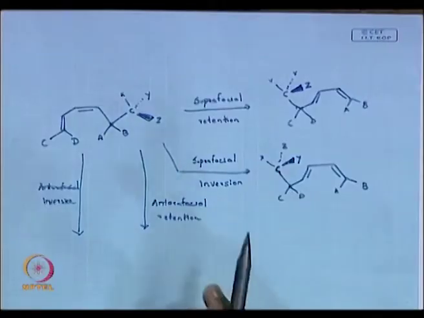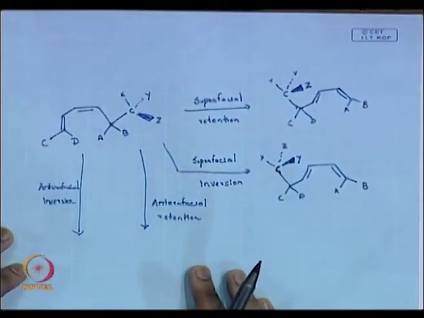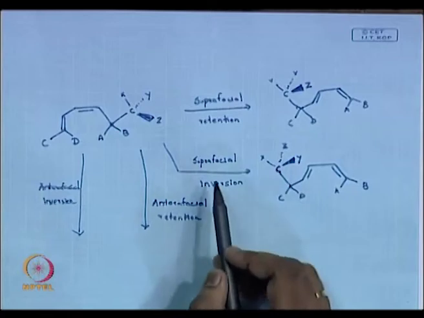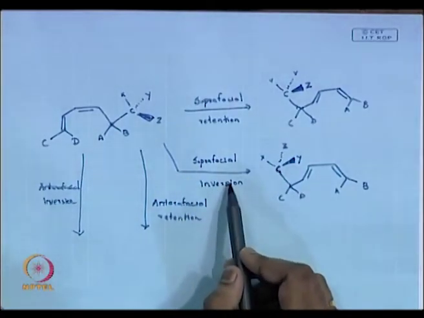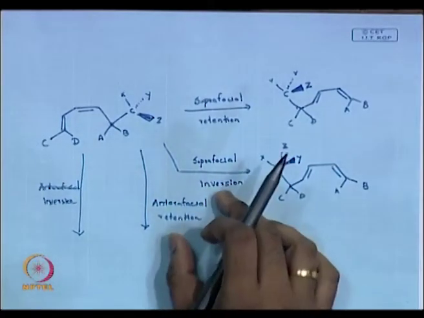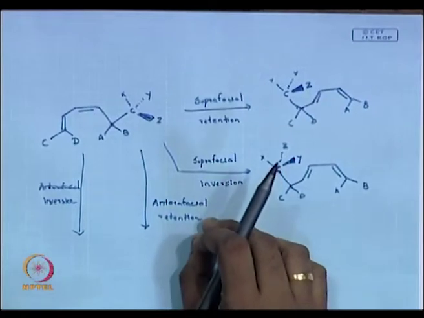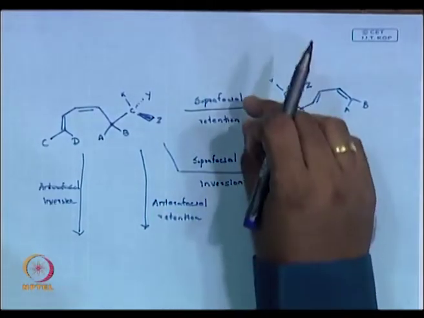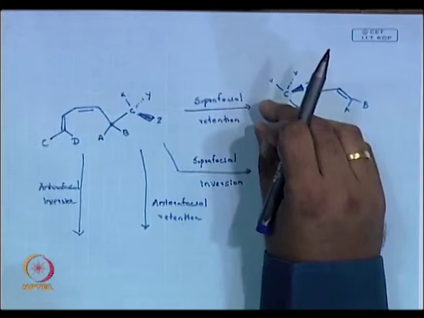If it is intrafacial, then it will be inversion. The suprafacial inversion and intrafacial retention more or less are the same. So you have cases where you can get suprafacial inversion, but this comes only in one case. If you take the rule, most of the time, if it is suprafacial, it will be retention, and if it is intrafacial, it will be inversion. Clear?